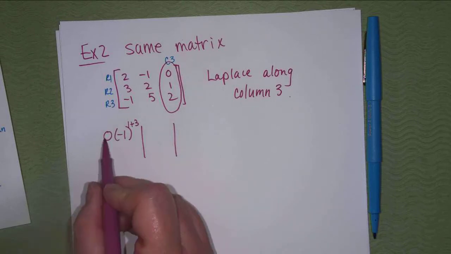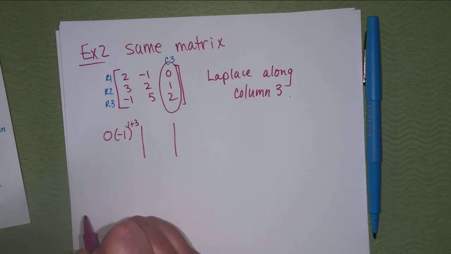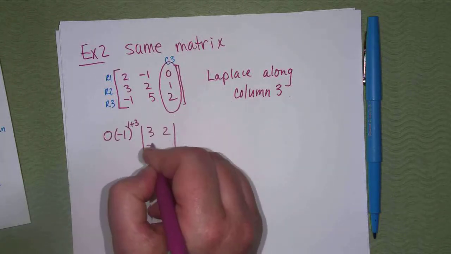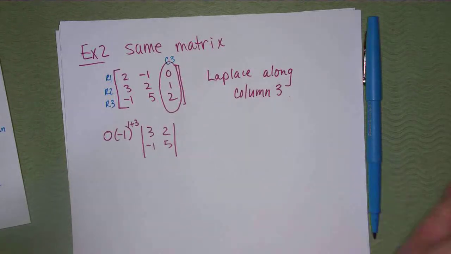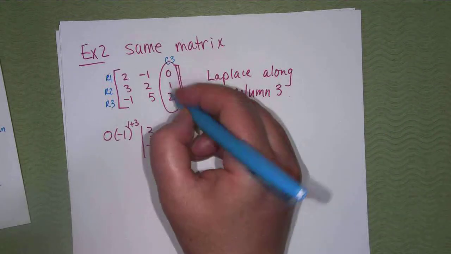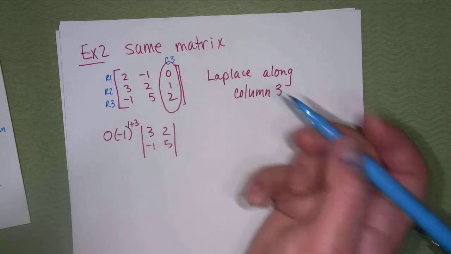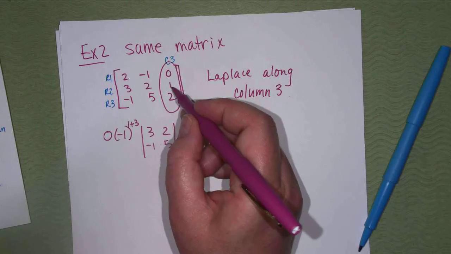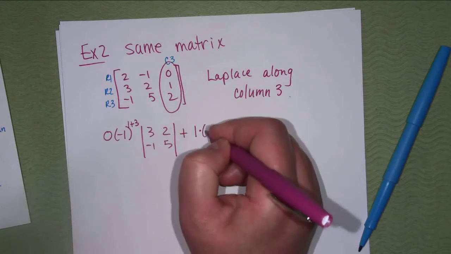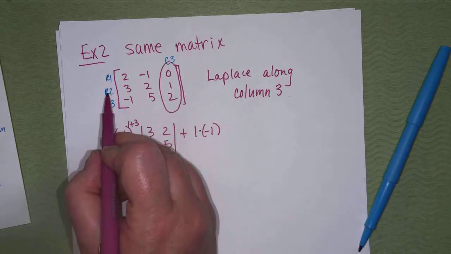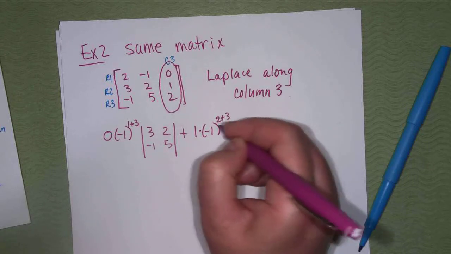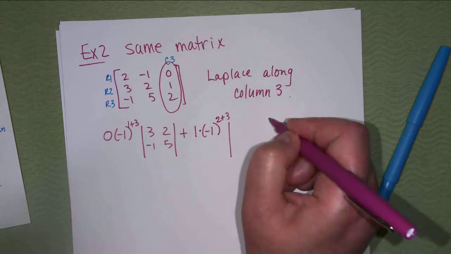But we don't need it because it's 0 times that. So you could write the matrix, which we'll just do for fun, 3, 2, minus 1, 5. All right, how did I find that matrix? Cross off that and that, what's left? All right, plus the next number, 1, times negative 1 to the, what spot's that in? 2 plus 3? You could just write 5. And we do need this one because it won't disappear.